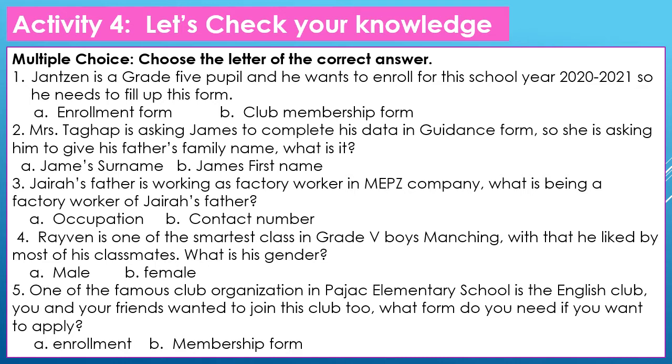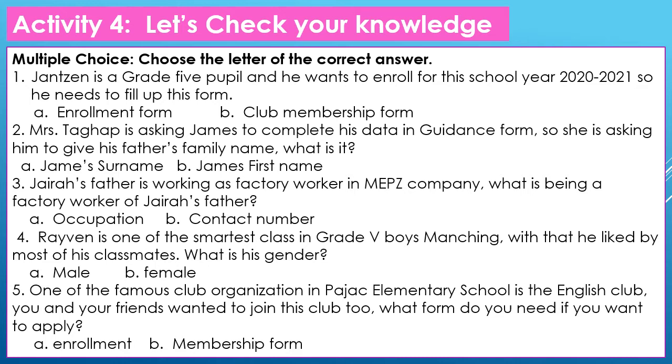Number 2, Mrs. Taghap is asking James to complete his data in guidance form. So she is asking him to give his father's family name. What is it? A, James' surname, or B, James' first name.